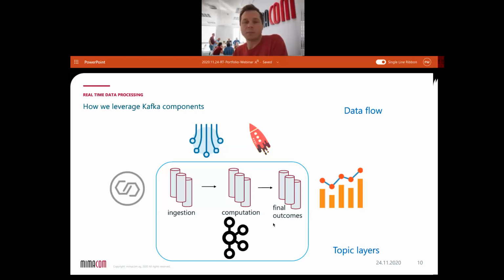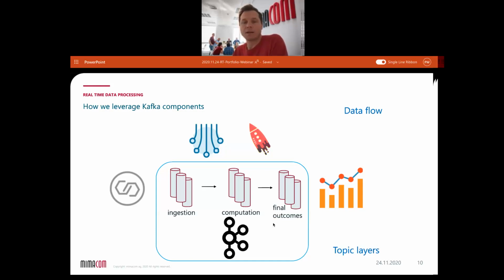The middle part will be used for computation. This is where the magic happens, where KSQLDB queries run, where Streams API do their job. And having these topics, we are sure we have all the metrics the user could possibly want.